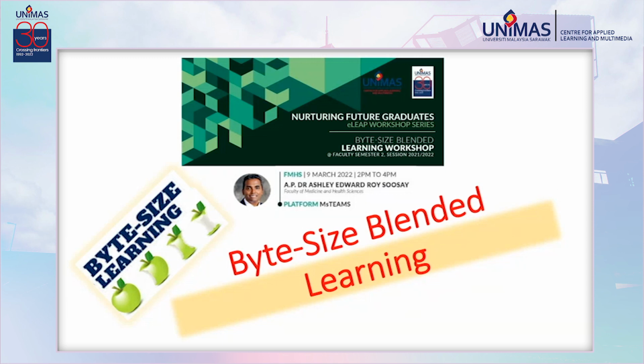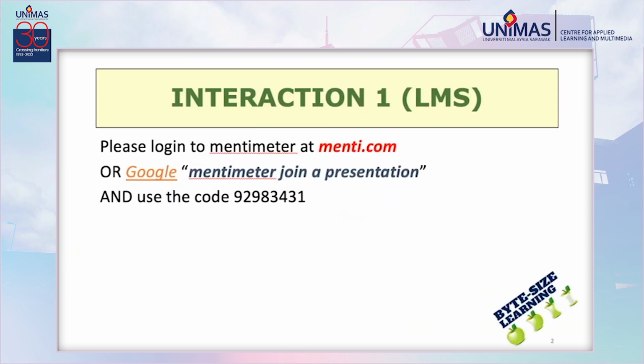To begin with, we will do an activity. We will use a third-party web page to engage in some form of activity to know your opinion, so please log into Mentimeter.